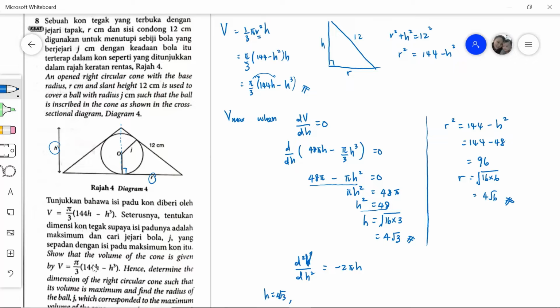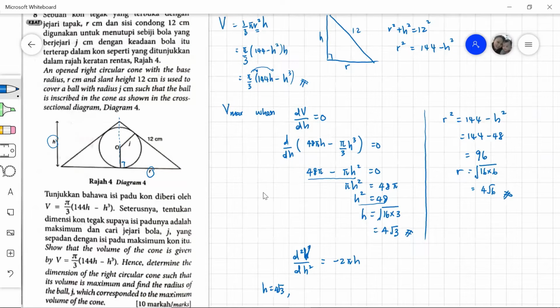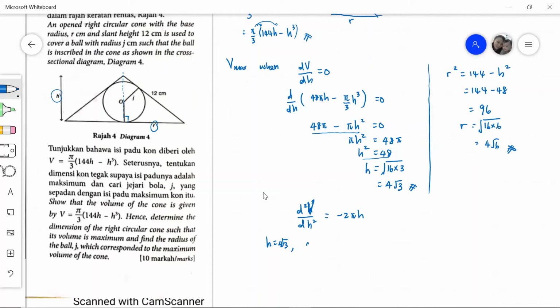So the second derivative of volume will be negative 2 pi times 4 root 3. We don't have to count the exact value, but look at the number. We know that it is less than 0.